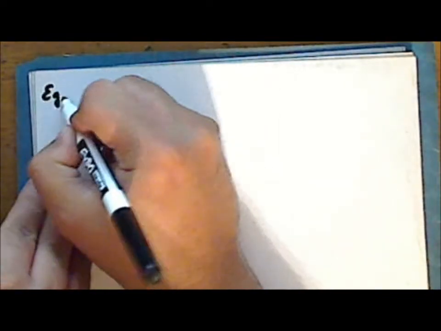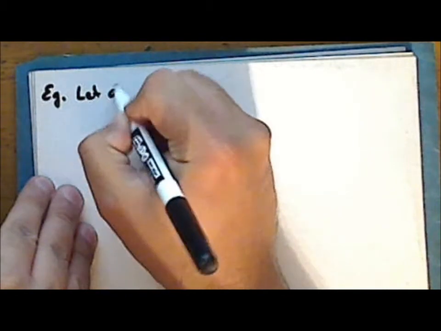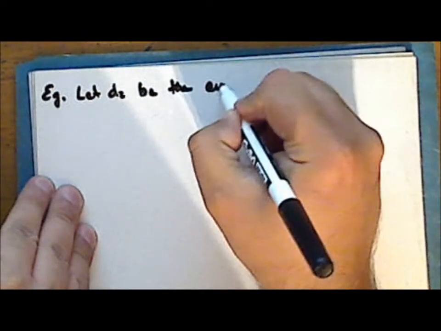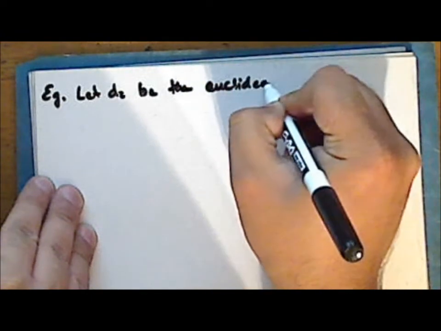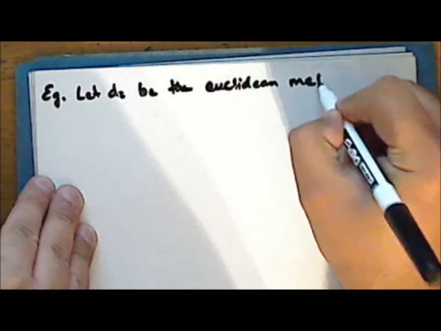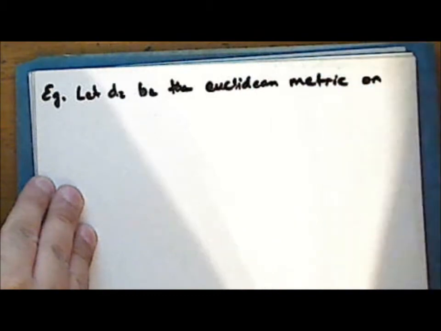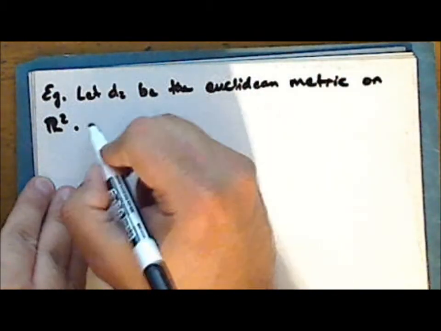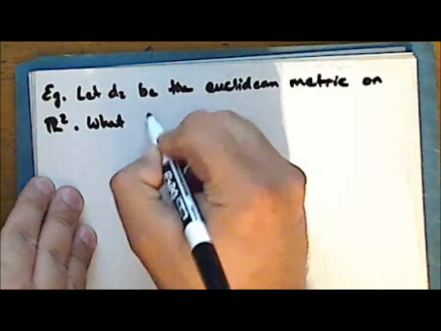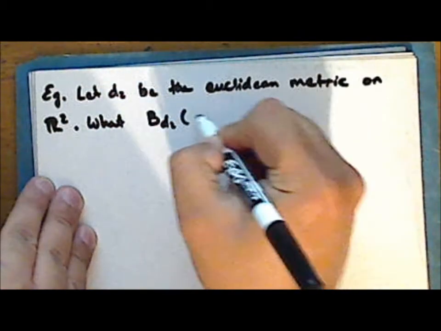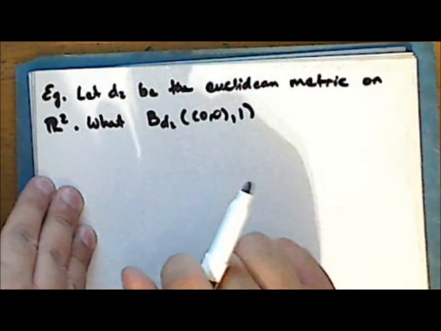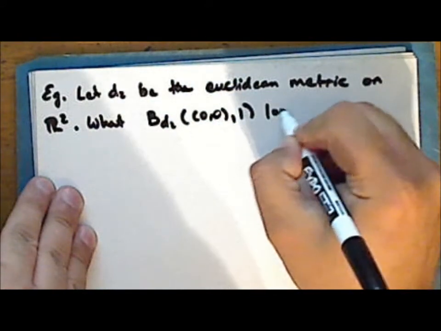Right, so next we'll look at an example. Let d sub 2 be the Euclidean metric on two-dimensional real space. What does an open ball centered at the point (0, 0) with radius 1 in the Euclidean metric look like?